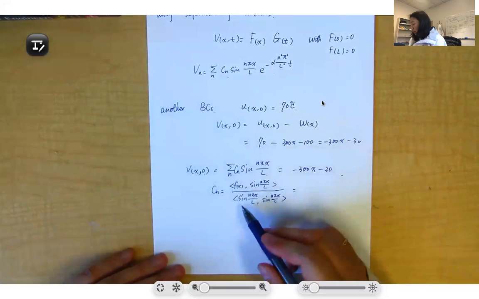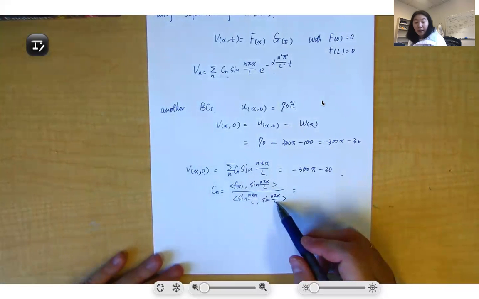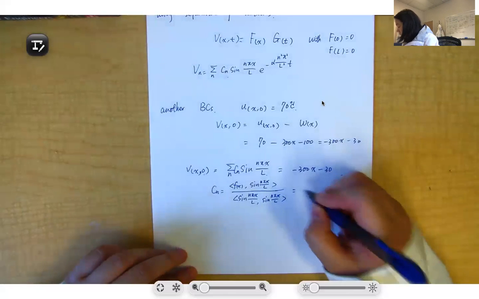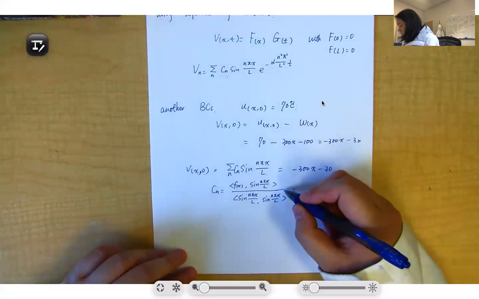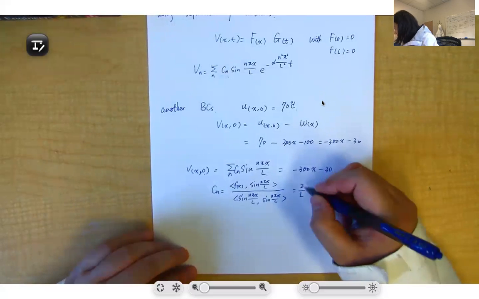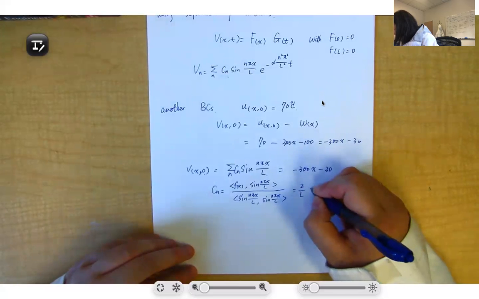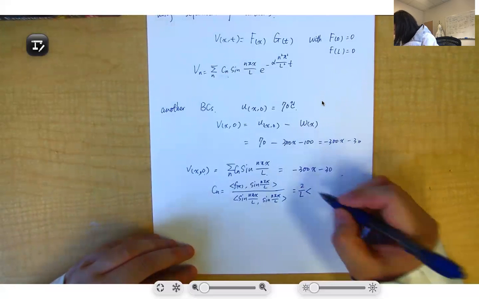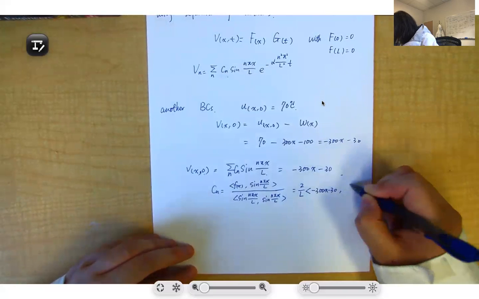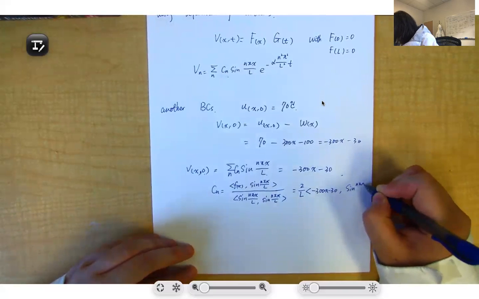And this inner product will be L over 2, so the factor will be 2 over L times the inner product, which is minus 300x minus 30 times sine(n pi x over L).